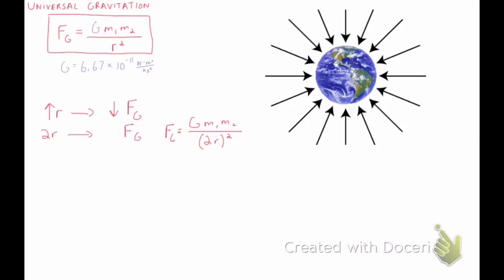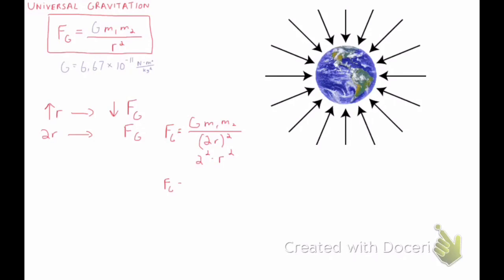What happens? Well, we see that that square does something. So that 2r squared can be written as 2 squared times r squared. Now, since we can write it like that, we see right away that the 2 squared becomes a 4. So it's really saying 4 times r squared. Now, since the r is located in the denominator, we see that to the whole right-hand side, we added a 1/4. Let me write it.